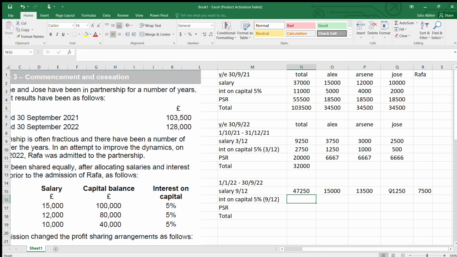Okay. Interest on capital, 5%, but only for 9 months you have to take. So 100,000 into 9 months into 5%. 3,750. Accordingly, you have to take 5% on these amounts.